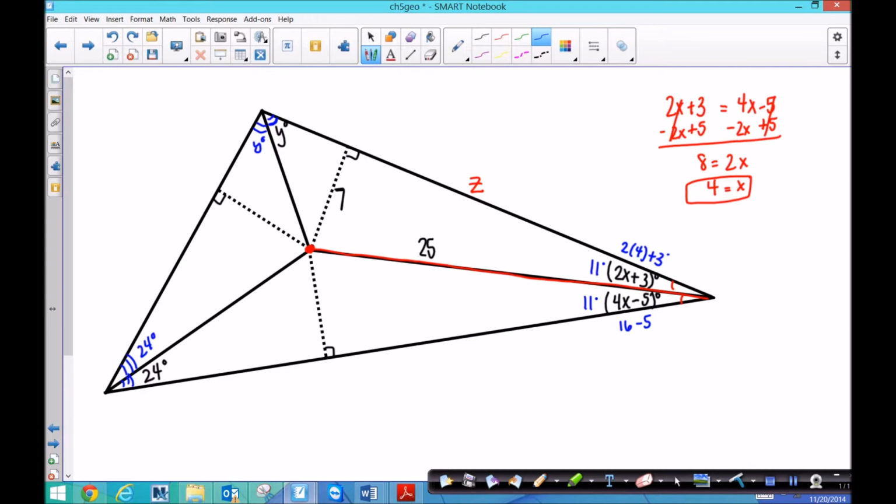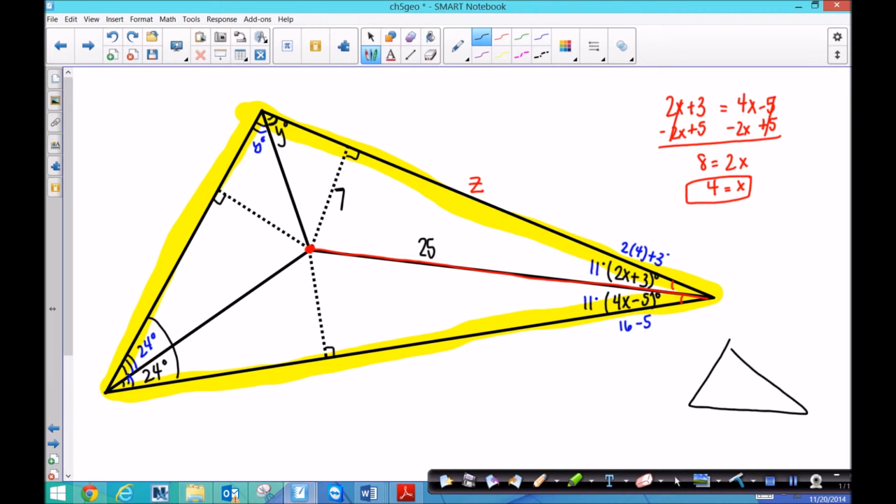And to do that, the easiest thing that we can do is look at our whole triangle. So excluding the lines inside of the triangle, if we just look at the yellow highlighted triangle here, we can see that this triangle should have 180 degrees total. If we total the measures of all of our angles, we should get 180 degrees. So I'll just redraw a smaller triangle down here just like it.